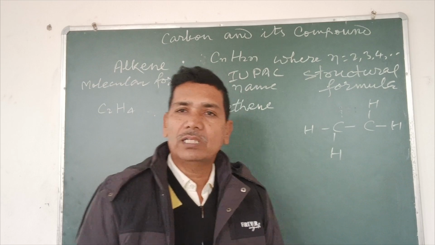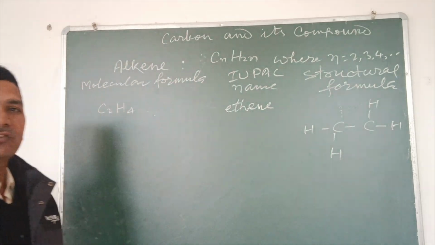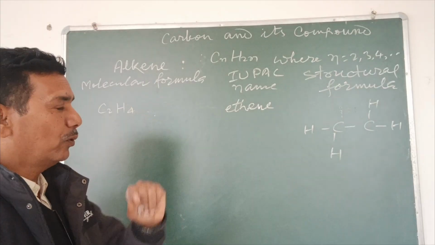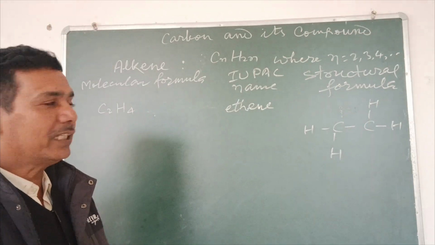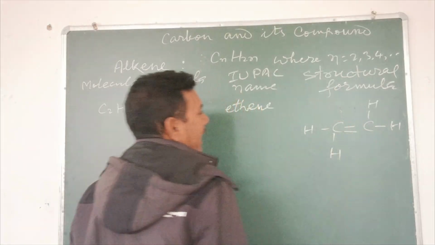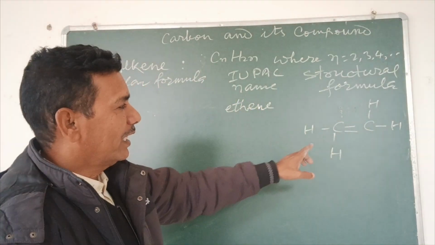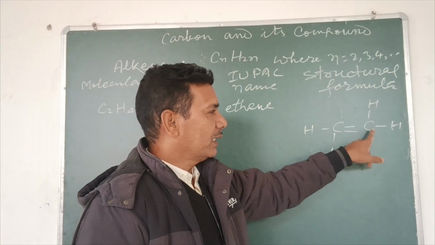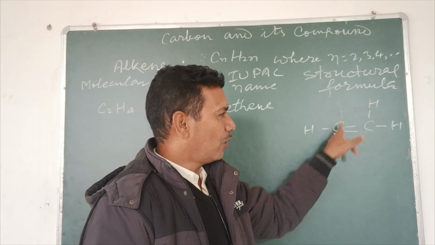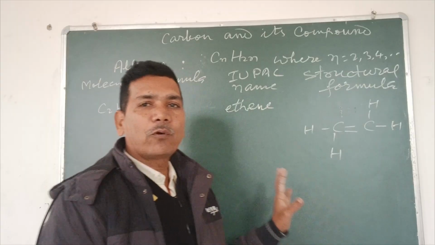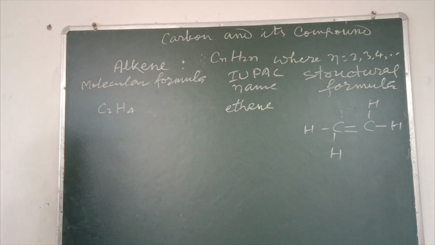This should be wrong because carbon has valency 4 and it should be satisfied by valency 4. So to satisfy this, we will make this single bond a double bond. And if we look at this, then we find that the carbon has 4 valency: 1, 2 and 2, 4. In this carbon also, we will count all around it: 1, 2 and 2, 4. This is the proper structural formula of ethene.